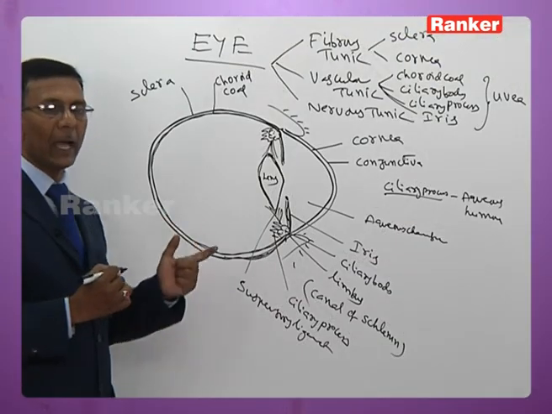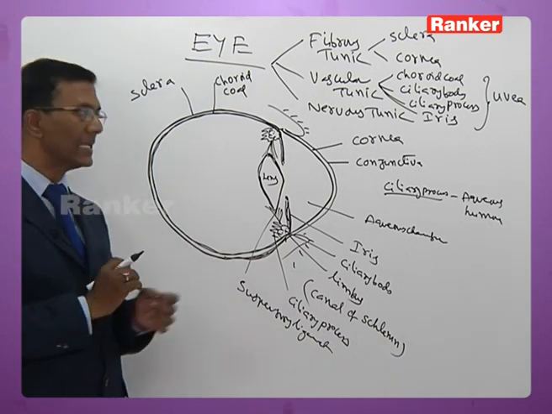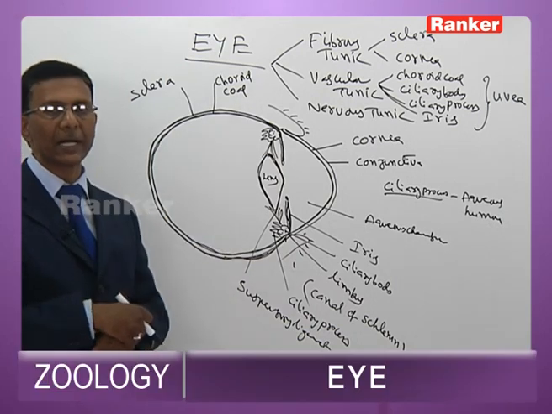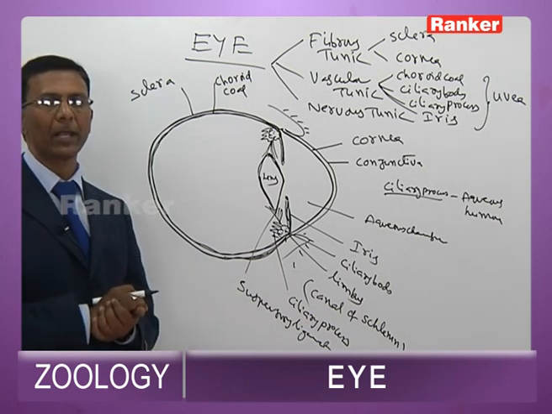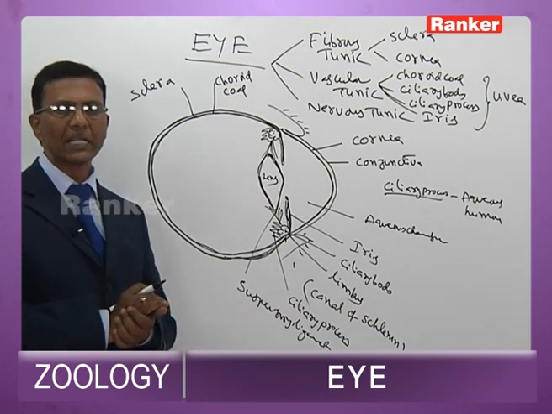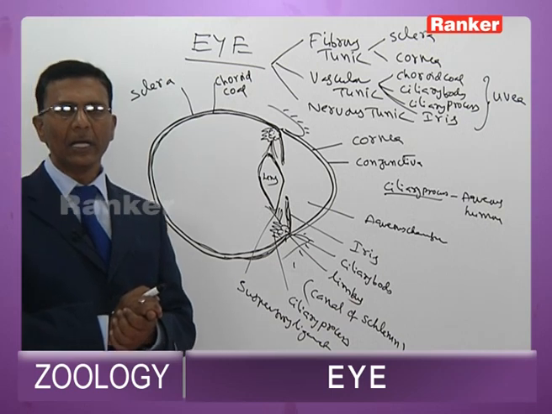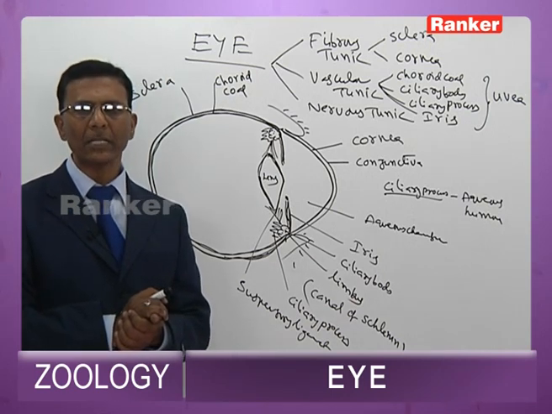So the human eye has a biconvex lens, that lens is held intact by means of suspensory ligament that arises from ciliary body. Now there are two kinds of muscles in the ciliary body, as I made a mention earlier, the circular muscles and meridional muscles.